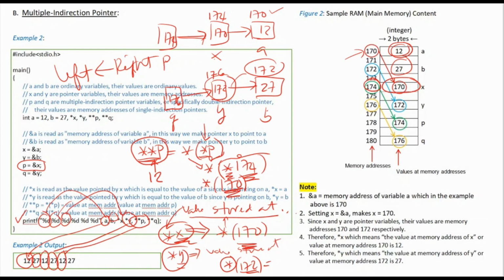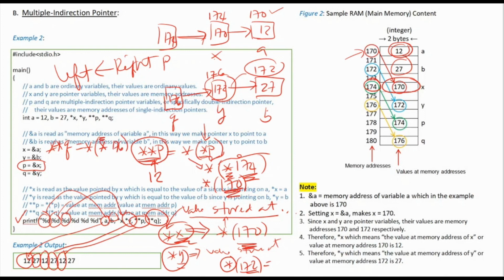Now, the same is true for the last expression, asterisk, asterisk, Q. Q is a double indirection pointer pointing to Y. And so to evaluate this, we say asterisk, and then you could enclose this with parentheses to put emphasis on the order of the operator's precedence. So this is asterisk 176.